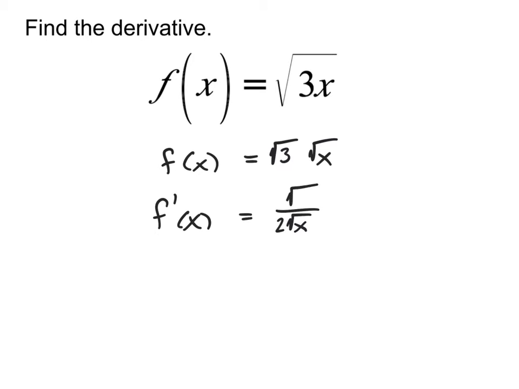So it becomes root 3 over 2 root x. And so just like that 5 ended up hanging out on top in my final answer in the last one, my root 3 just ends up hanging out on top in this final answer as well. And I can do that because remember, root 3 is also a constant.